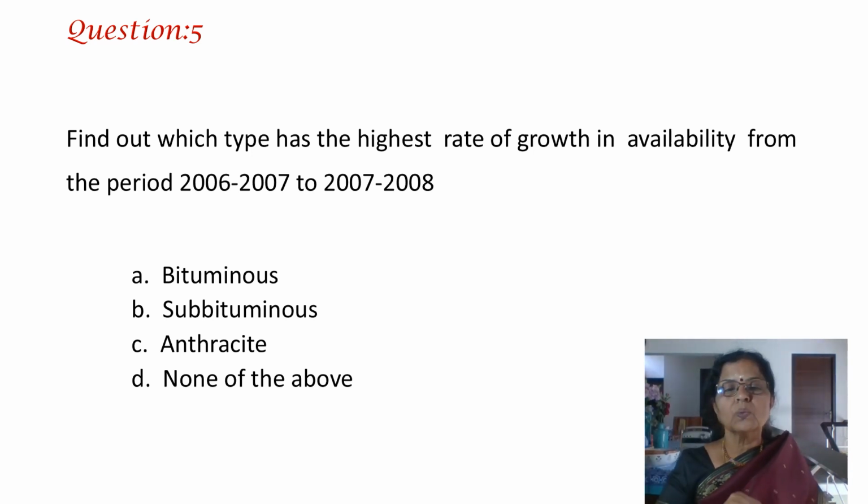Find out which type has the highest rate of growth in availability from the period 2006-7 to 7-8. Here the growth in availability is asked. You are asked to compare the growth between the two given years and find out which has the highest rate of growth. So you have to find this rate of growth for all the 3 types.